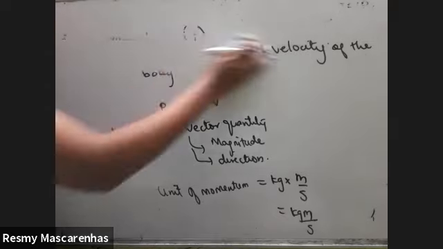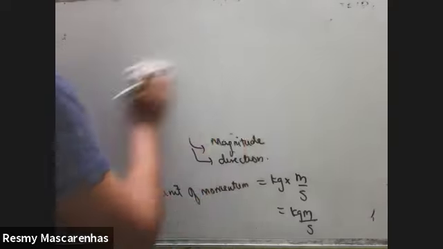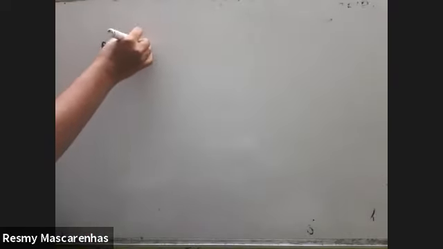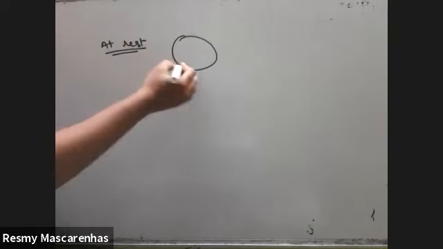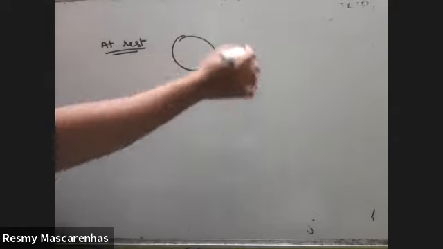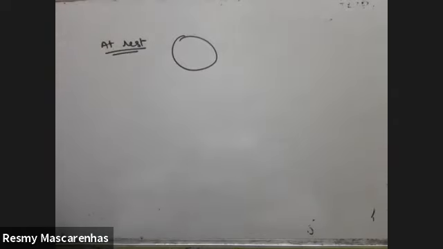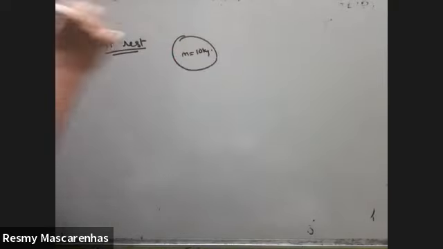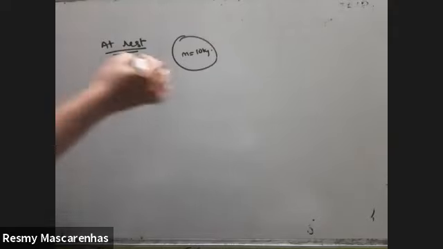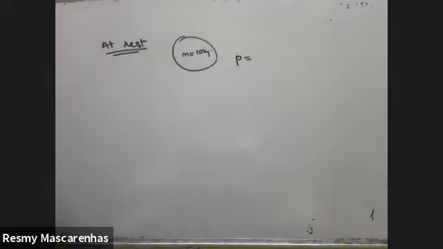Now we'll see what happens if the body is at rest. If the body is at rest, there is definitely no movement. So what will happen? Mass will obviously be there, whether this is 10 kgs or 20 kgs or 100 kgs, doesn't matter. So what do you think? What will be the momentum at rest?